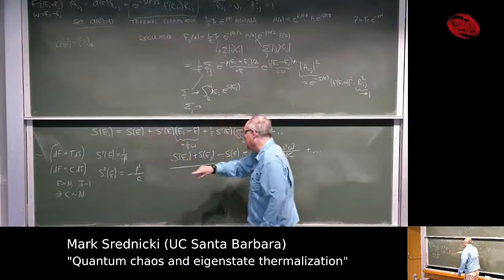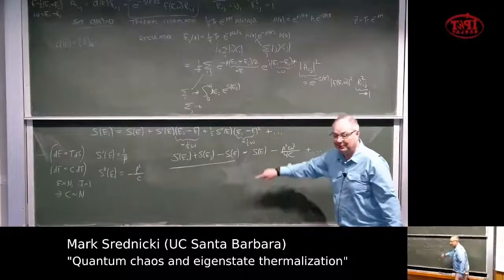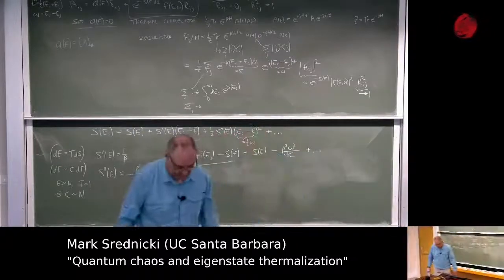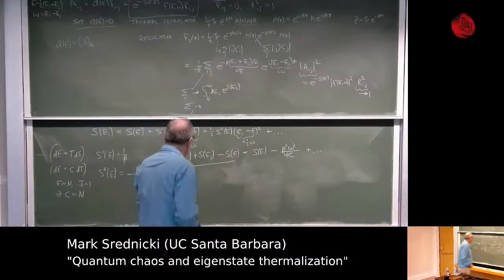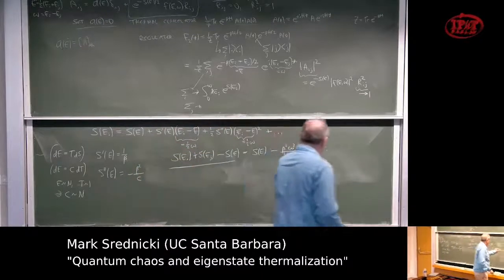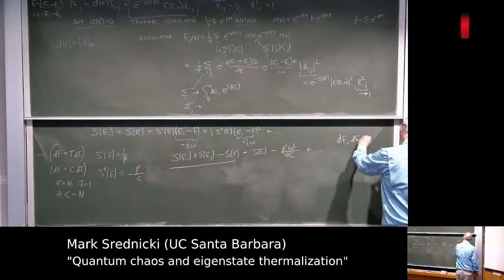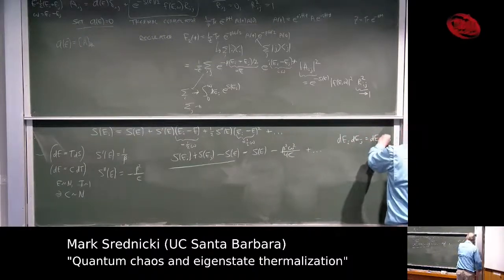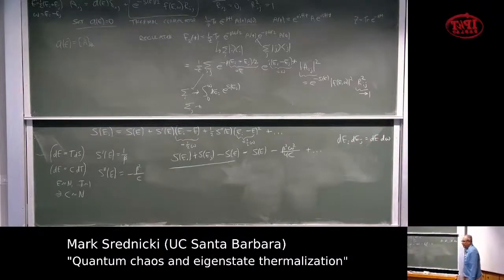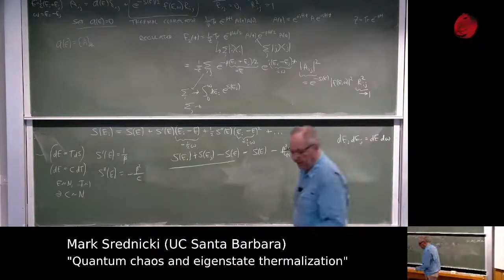So I get two of those, minus one of these, and I have one left over. All right. Also, it will be useful to change the two differentials to differentials over E and omega.